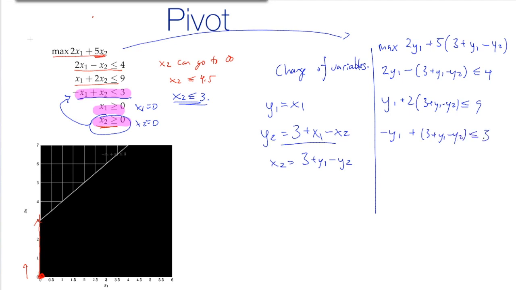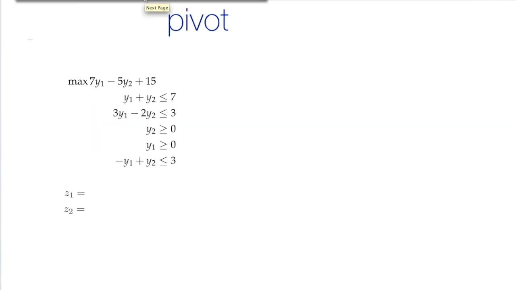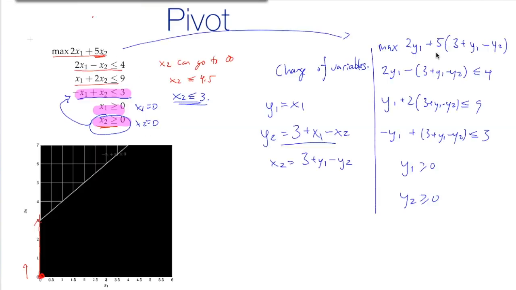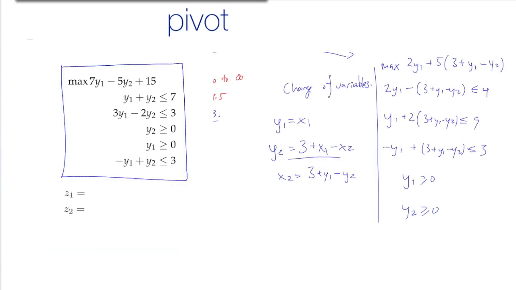And negative y1 plus. So on the next slide, I've done that arithmetic as a check, right? 2y1 plus 5y1, that's 7y1 minus 5y2 plus 15. And that's exactly what this is right here.